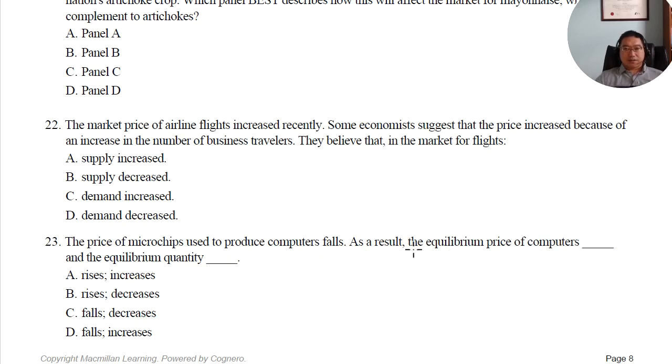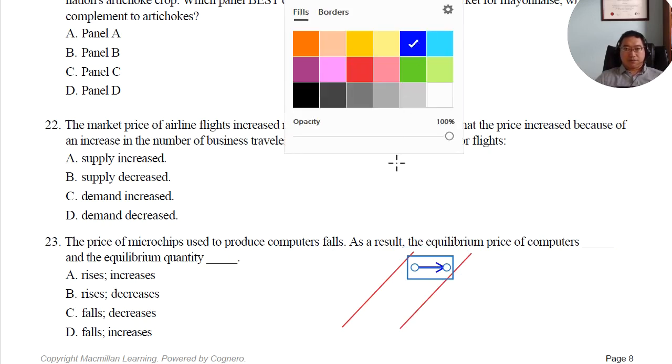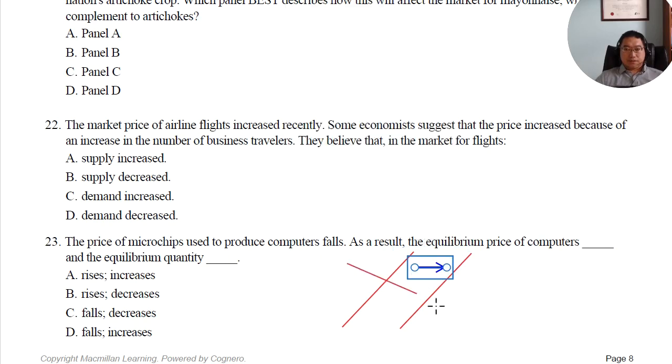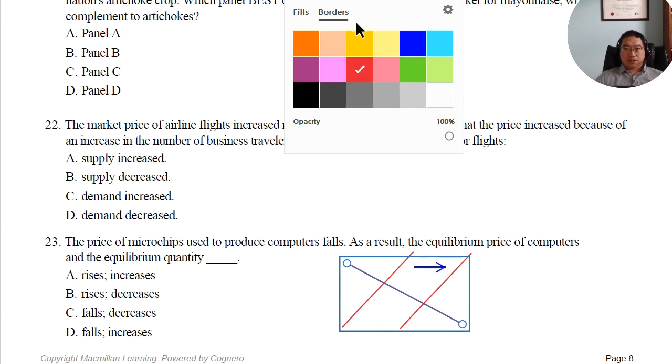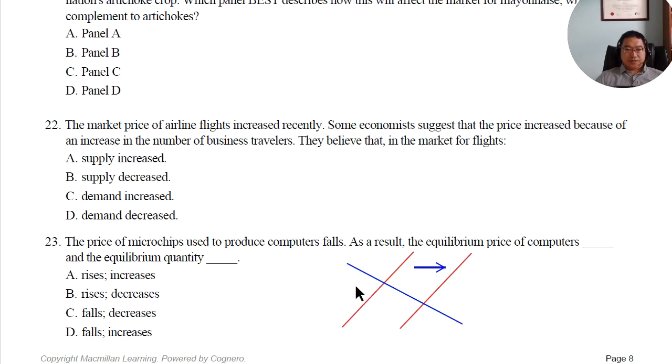We are talking about supply, and the supply curve is going to move to the right because of a supply increase. And then if you think about the demand curve, let me change its color.